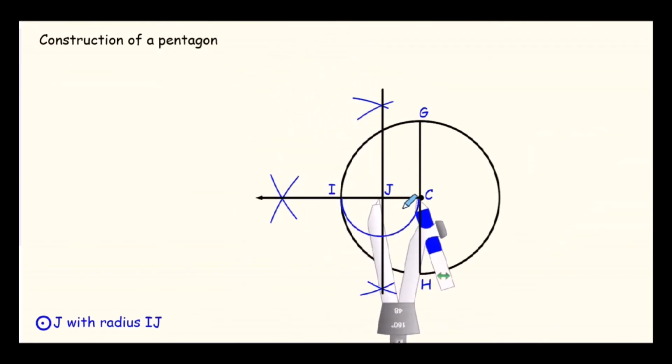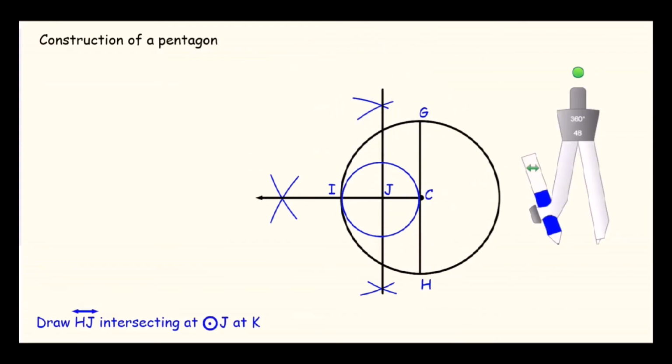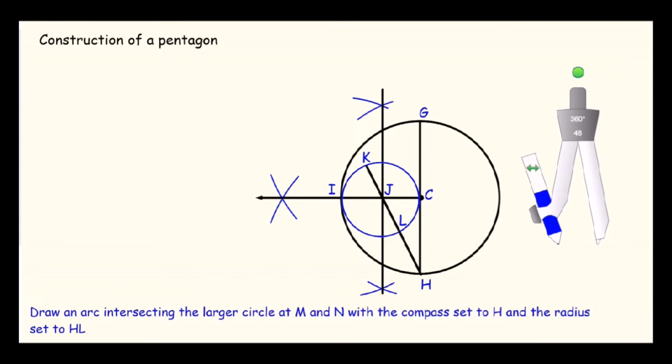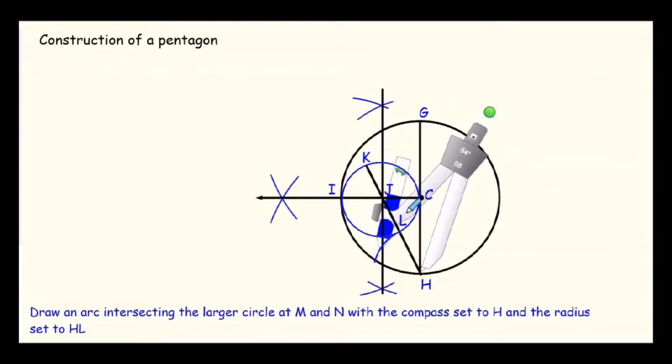Circle J with radius IJ. Draw HJ intersecting circle J at K. Draw an arc intersecting the larger circle at M and end with the compass set to H and the radius set to HL.